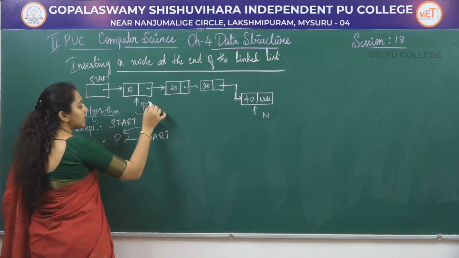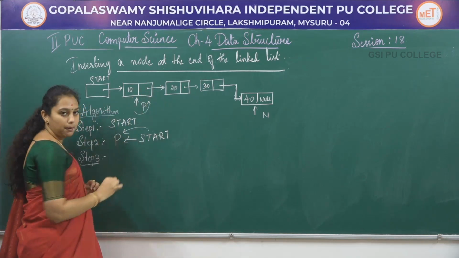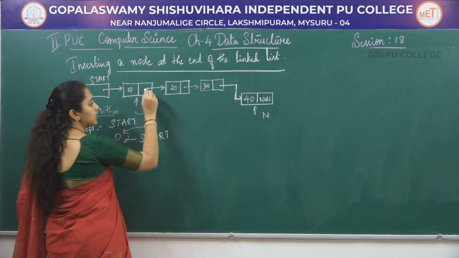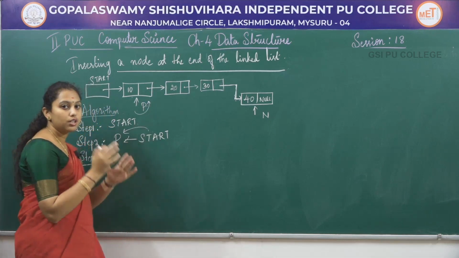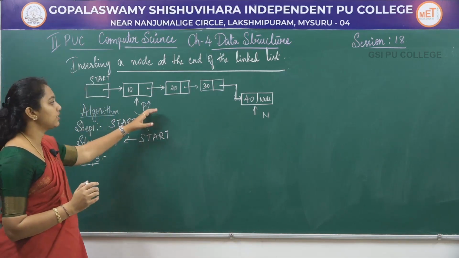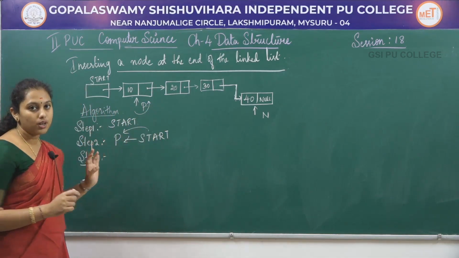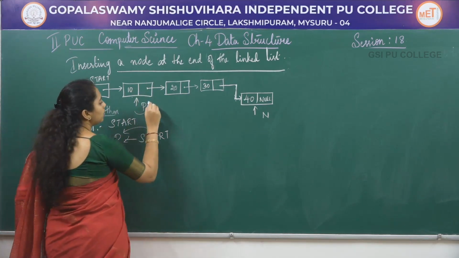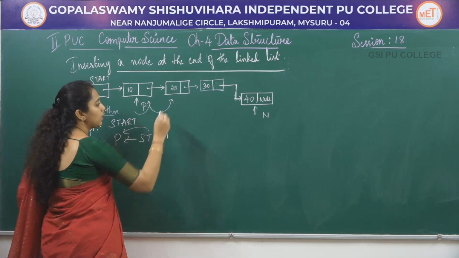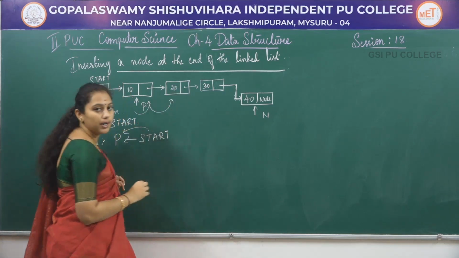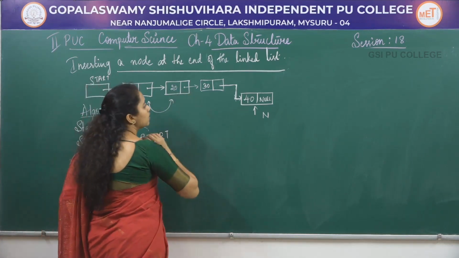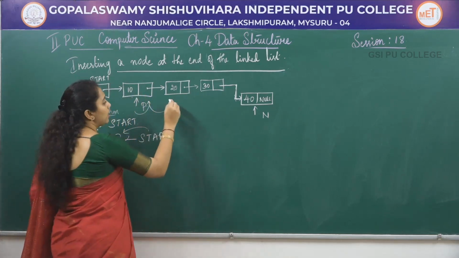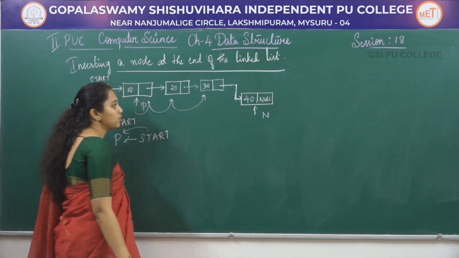I am going to access the data part as well as the link part. If the link part is null, we stop and consider it the last node. If the link part does not contain null, we traverse to the next node. Here also we perform the same operation.